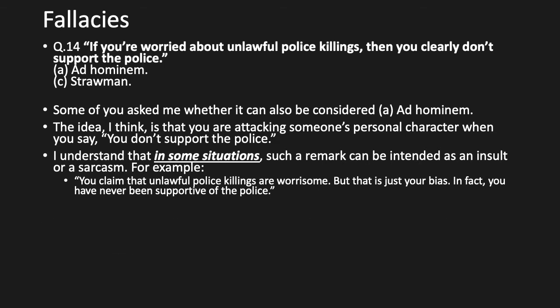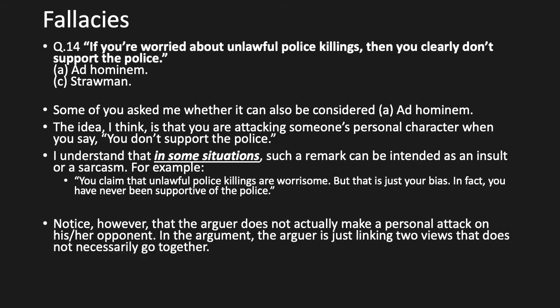However, notice the difference here. In the original argument, namely the argument you have in question number 14, the arguer does not actually make a personal attack on his or her opponent, right? In the argument, the arguer is just linking two views, right?